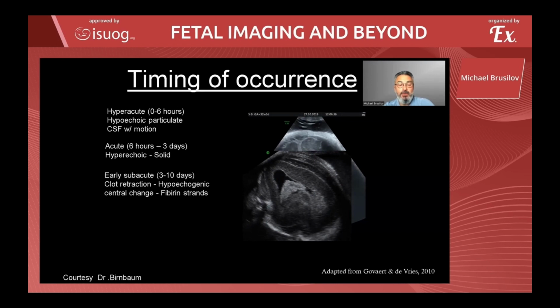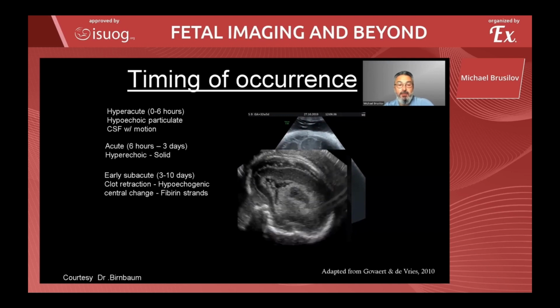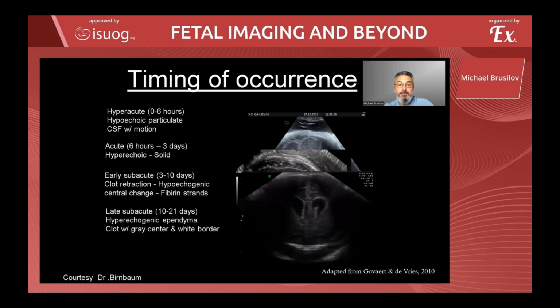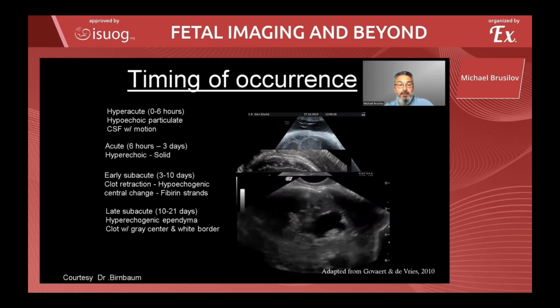Early subacute 3 to 10 days, clot retraction. And the late subacute period from 10 to 21 days with hyperechogenic ependyma and clot with gray center and white borders.